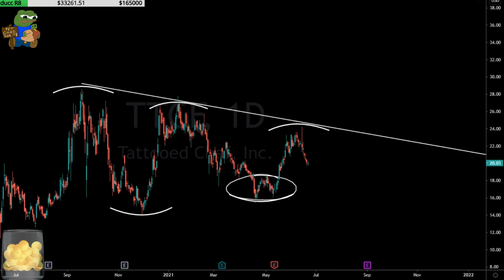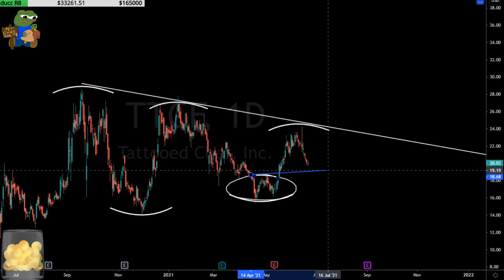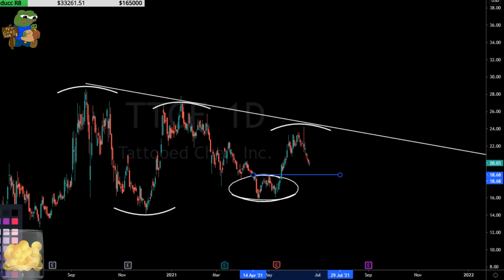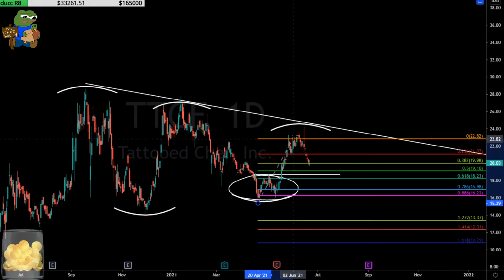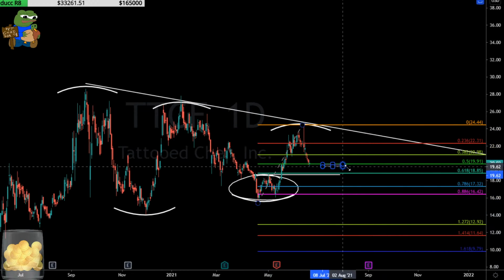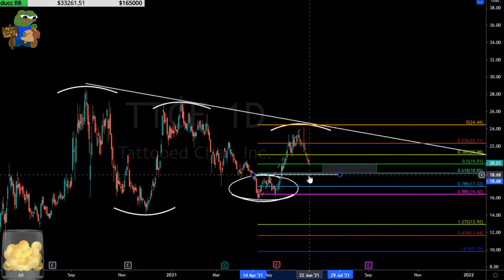Okay, so we just said maybe you paint this neckline here. Let's see if we can get this fill here. Fib from low to high, 50, that's a 618. Let's go ahead and take a long in this area.